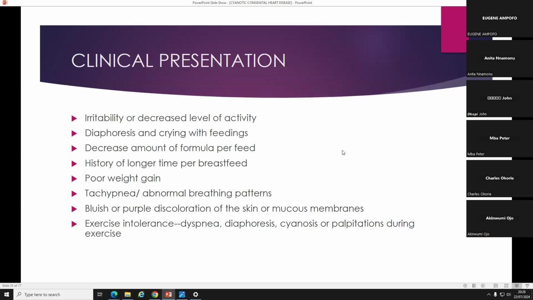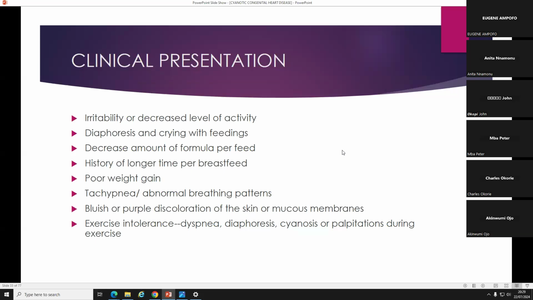So clinical presentation. Basically, the symptoms, they tend to present early in life because it's a congenital heart disease. So you have an infant that's irritable, or they're either hyperagitated or they have a decreased level of activity, but these children just do not behave normally.